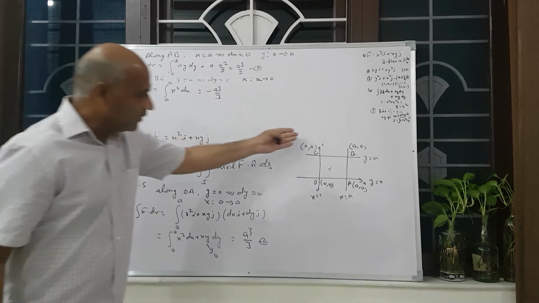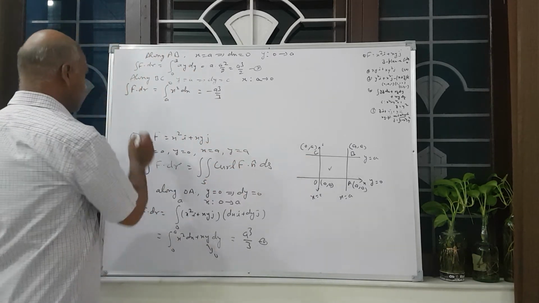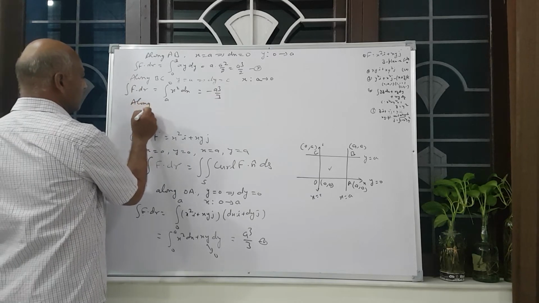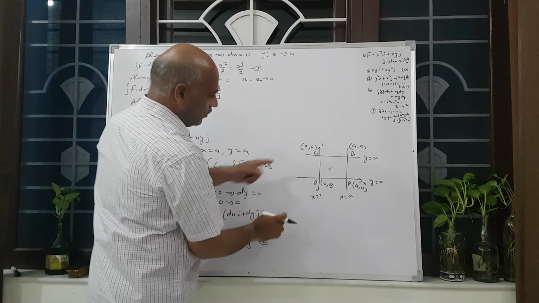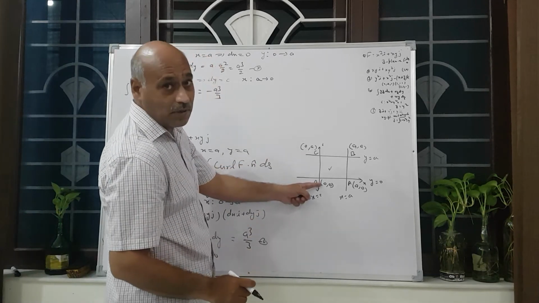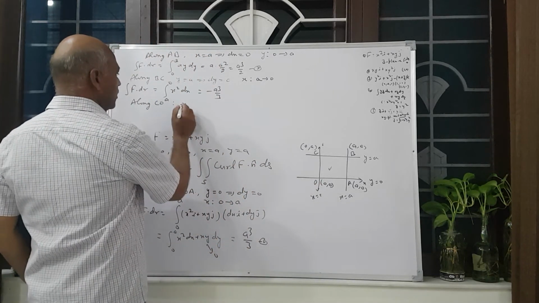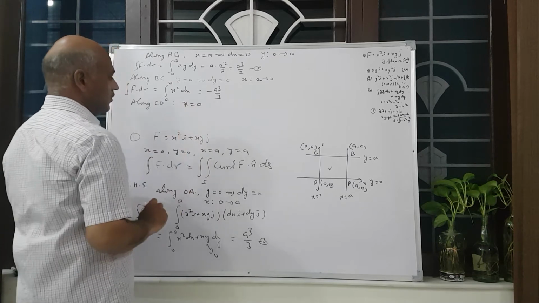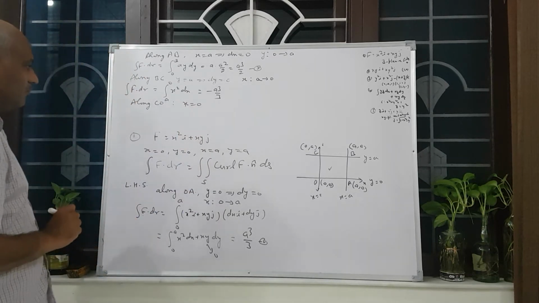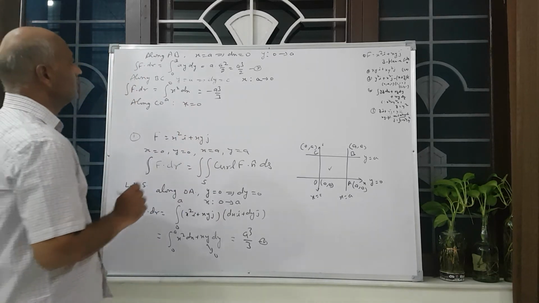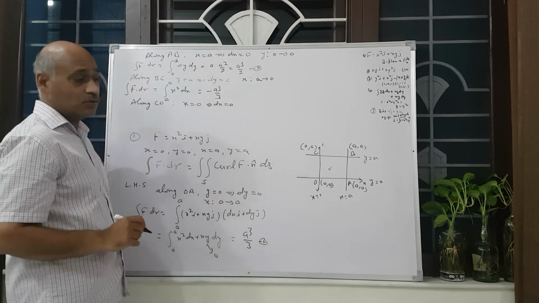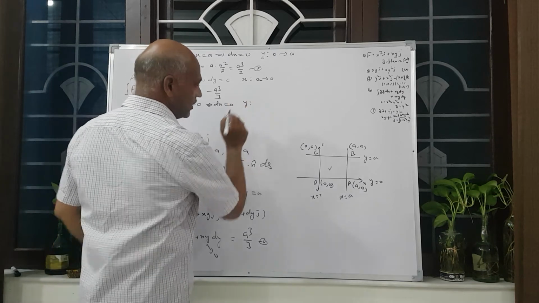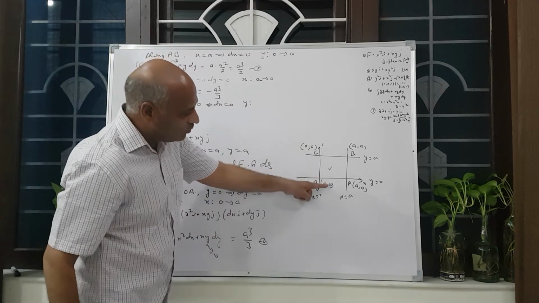Now the last one, CO, along C to O. Here x is 0, so x is equal to 0 and dx is equal to 0. Y changes from a to 0.